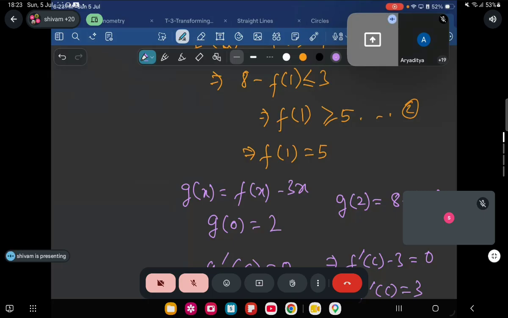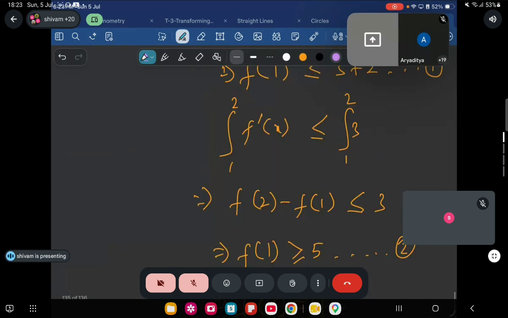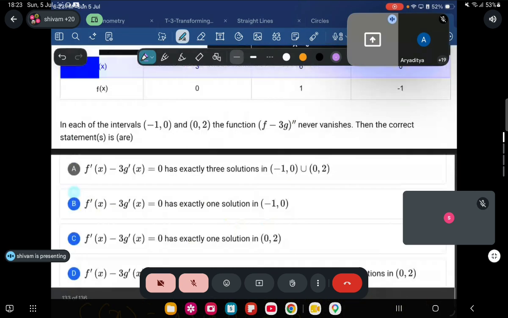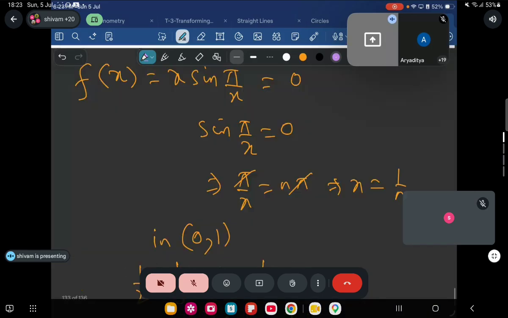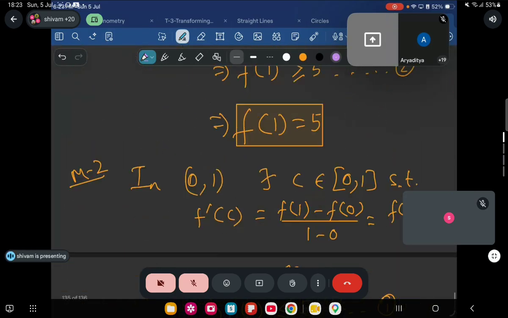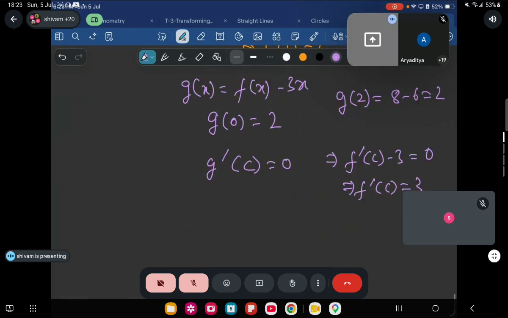Let me think. I just need to check whether this condition is being satisfied or not, that f dash x is less than or equal to 3 for all x belongs to 0, 2. You have got f dash c is equal to 3. Even though you are getting the answer, it is less than or equal to 3, and it is equal to 3, so both are not the same.